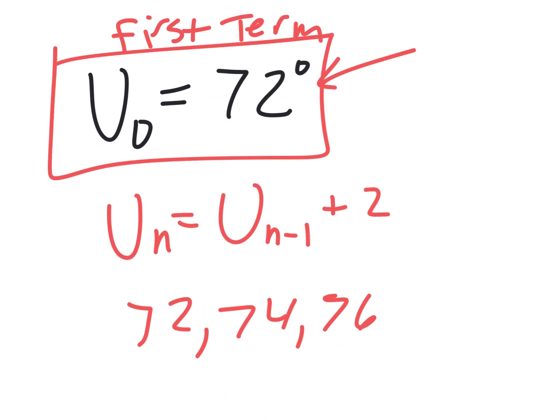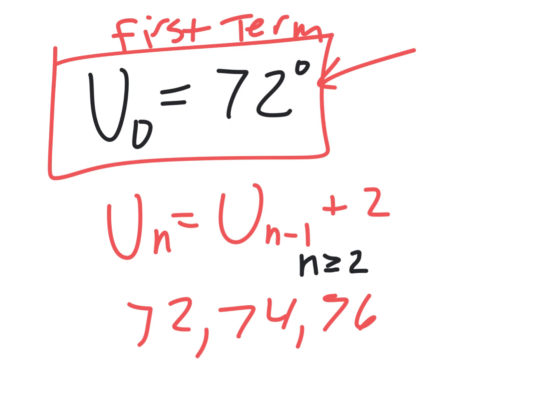So at the bottom of each of these, you're going to put this. N has to be greater than or equal to 2. That is called a domain. What that is saying is that this formula only works to predict the second term.